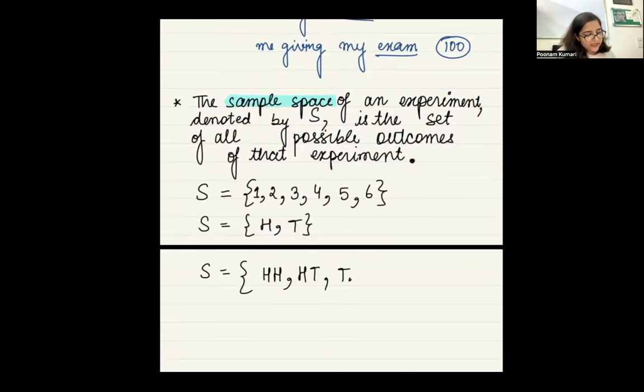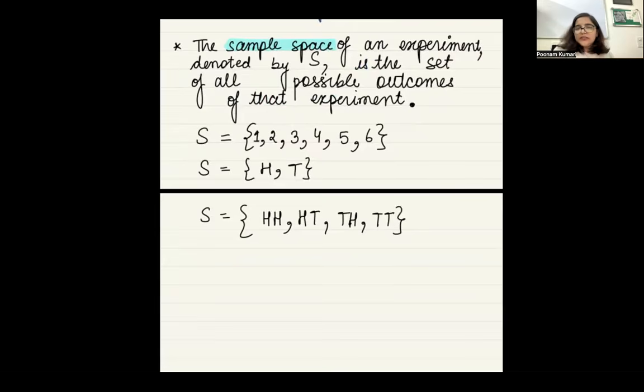First time tail comes, second time head comes. First time tail, second time also tail, right? So that is a sample space for the experiment that I'm tossing a coin 2 times. Okay. So this is the definition of sample space. Is that clear? Yes, ma'am. Right?